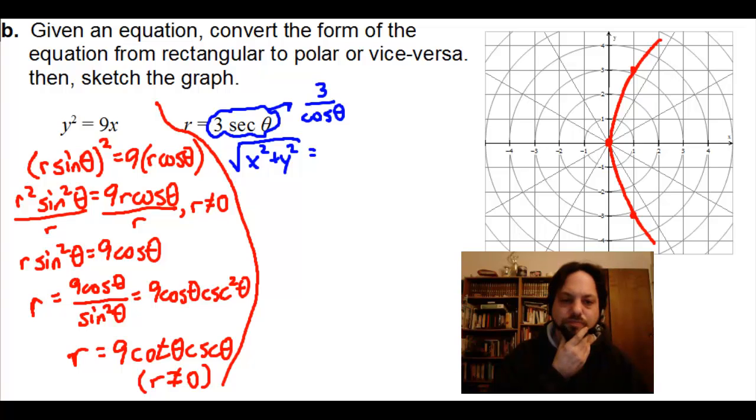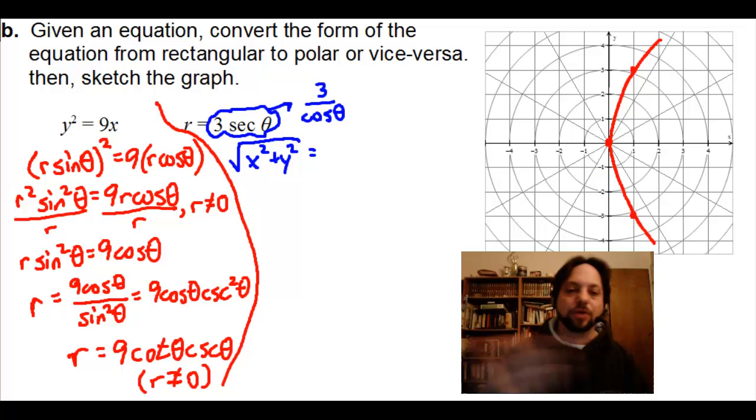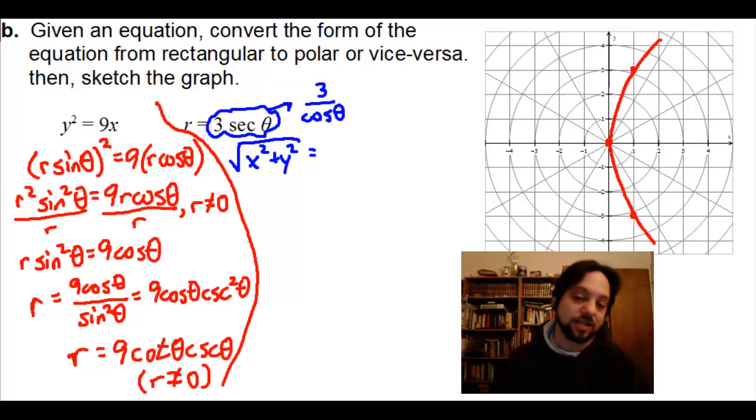Well, I would need to put an r down here, and all of a sudden everything is wacky. I really need this to say 3 over r cosine theta. How can I get that to happen? Well, I could divide both sides by r from the get-go, and that would just give me a 1 on the left side. So that's one option I have.